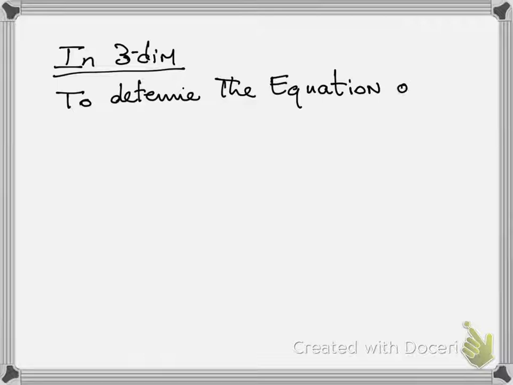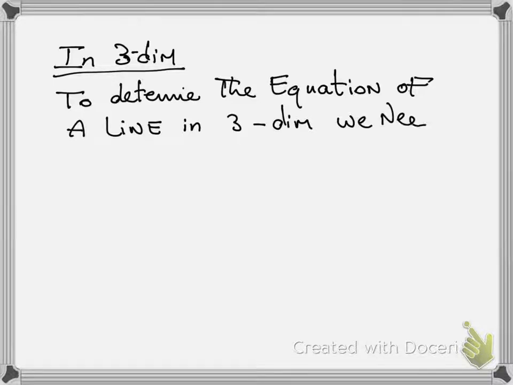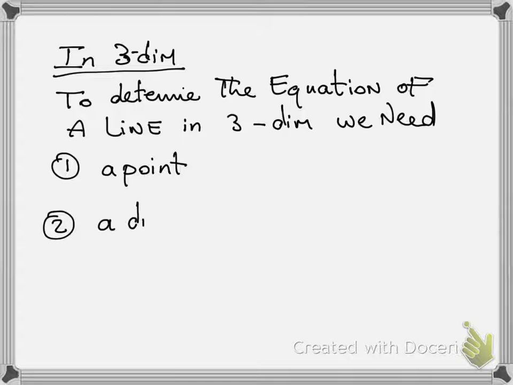So we need first a point, and then a direction vector. The direction vector plays the role of the slope of the line. Direction vector v.